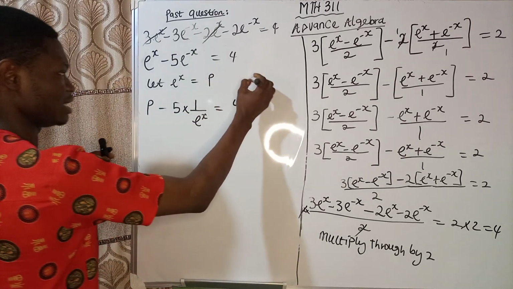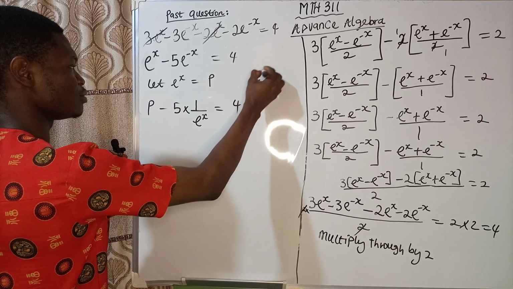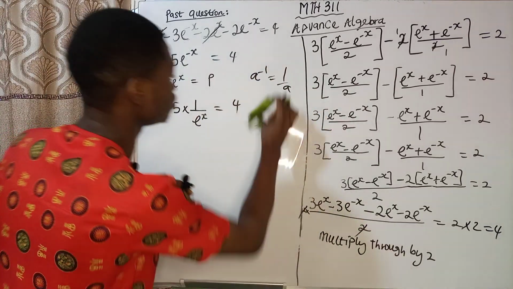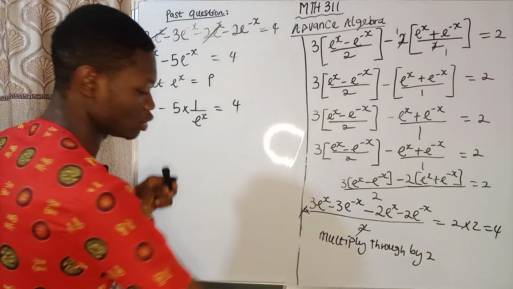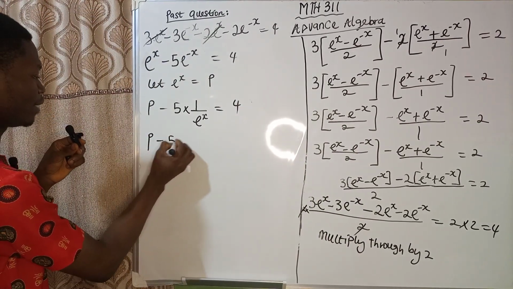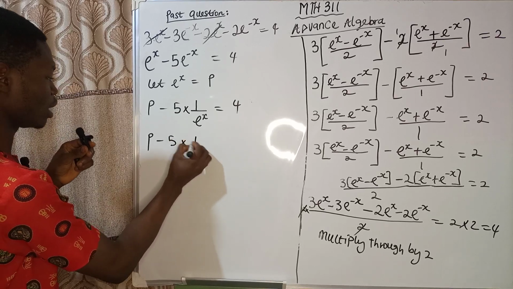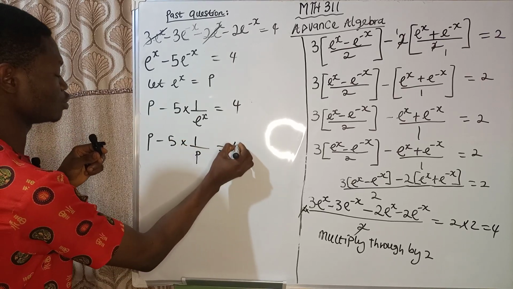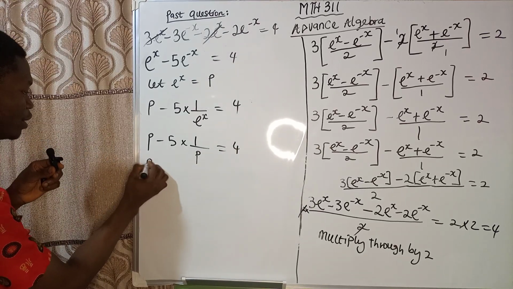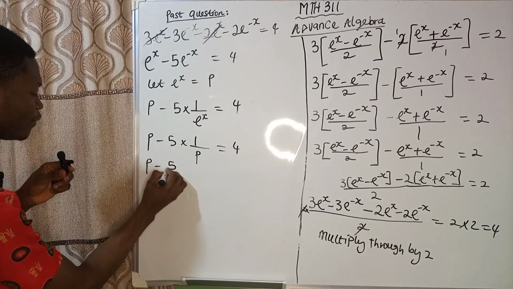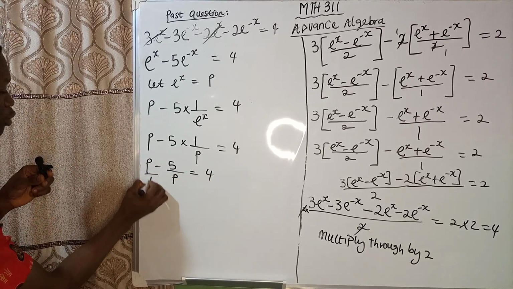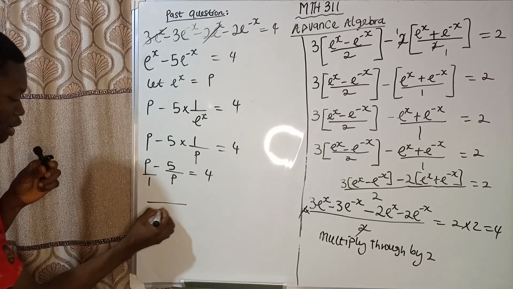Anytime you have an inverse, that's the negative indices law: e^(-1) is equal to 1 over e. So we are going to have p minus 5 times 1 all over p is equal to 4. So we have p minus 5 all over p is equal to 4.